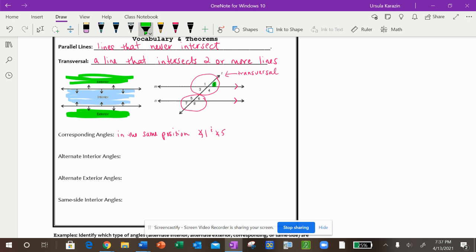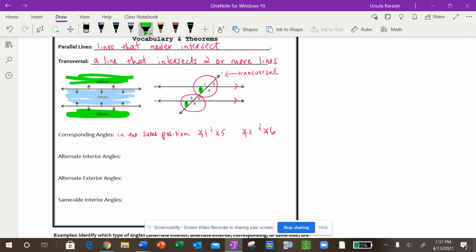Okay, we can do that again. Angle 2 is in the upper right. Angle 6 is in the upper right. So they are corresponding. We can do that a couple more times. Again, we want these 4 and these 4. Angle 3 is in the bottom left, and angle 7 is in the bottom left.